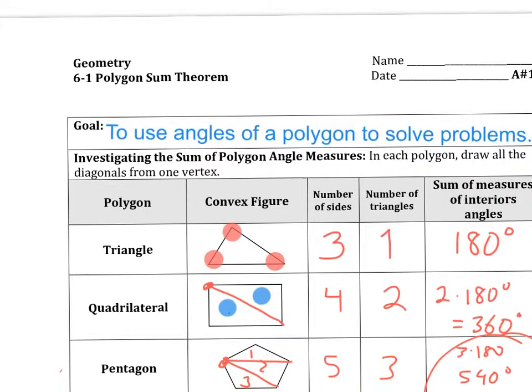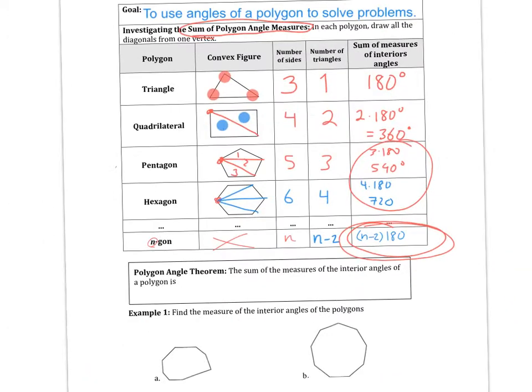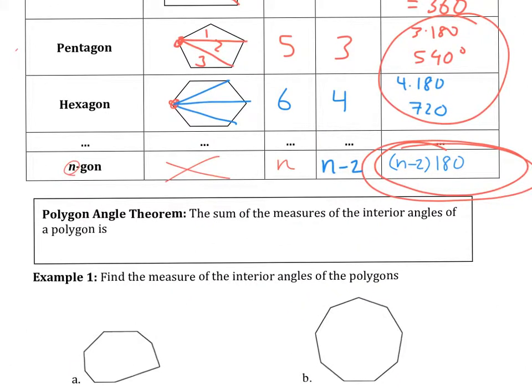What is the sum of the measures of the interior angles of a polygon? And the answer to that is this. The sum of the measure of the interior angles of a polygon is n minus 2, with n being the number of sides, multiplied by 180.